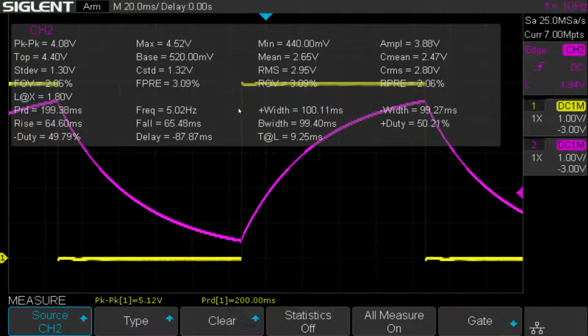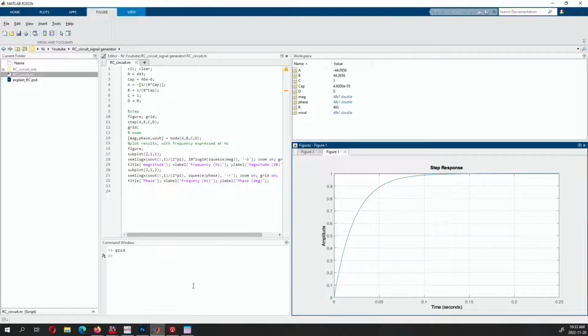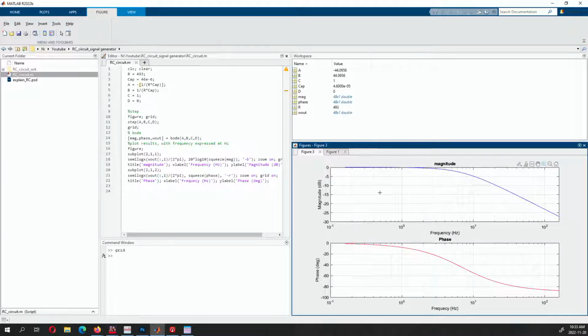Another thing that I wanted to talk about is this frequency response. Now in frequency response, what do we have over here? A straightforward answer is, if I keep changing the frequency of a sine wave, you're basically trying to figure out how well the system responds.